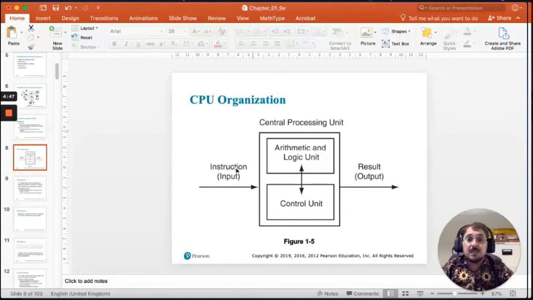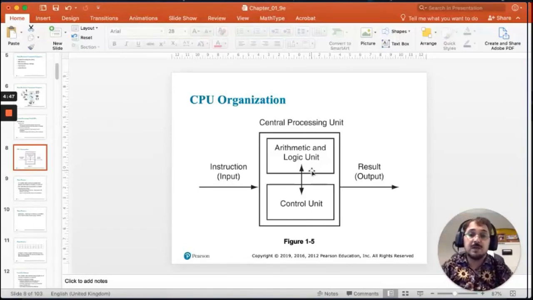Inside, the processor is divided into two major components. One is called the arithmetic and logic unit, and another one is called the control unit. The arithmetic and logic unit is a sub unit inside the processor. This is actually where all the processing work, the calculation, is done.